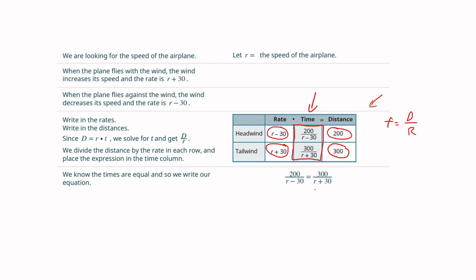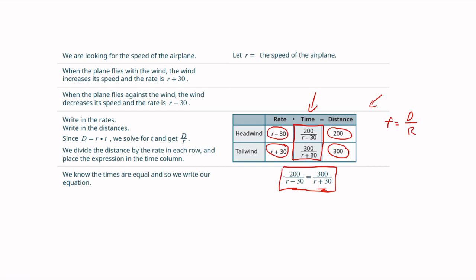Because I need an equation, and my equation is that I traveled the same amount of time both with the headwind and without. This was the headwind, this is the tailwind. Same amount of time lets me set them equal to each other.